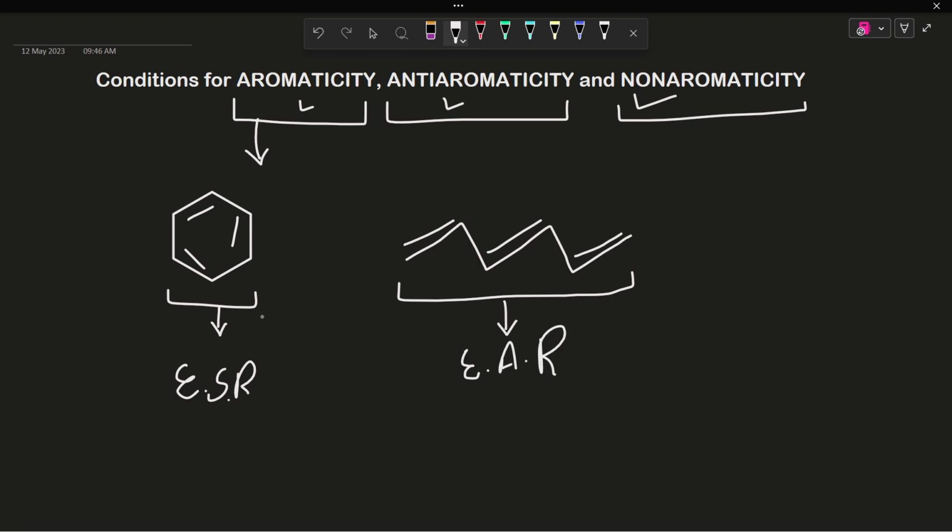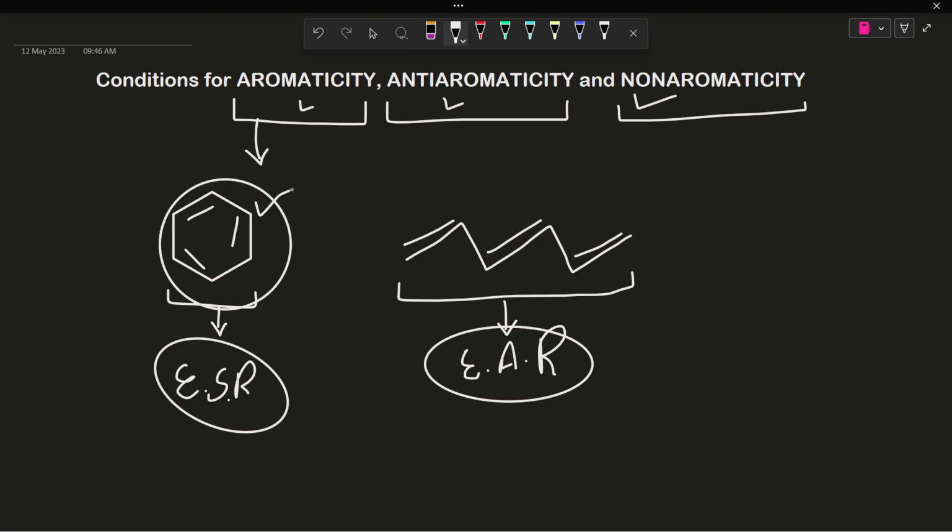Now, why does this shift in property happen? It is because benzene is aromatic. This aromaticity has assigned benzene an irregular shift from the usual properties of alkenes.